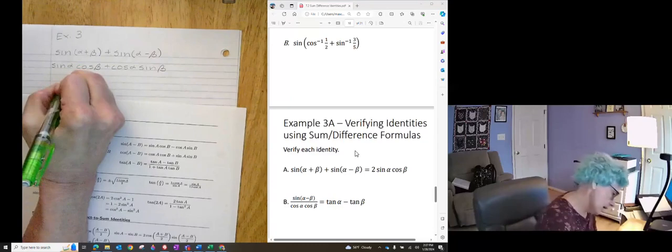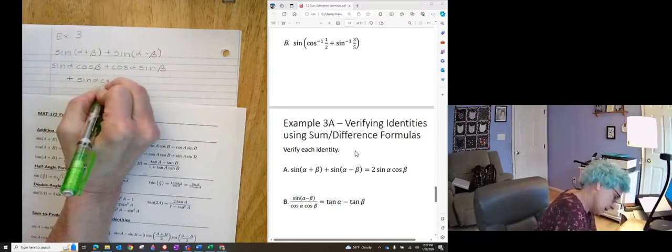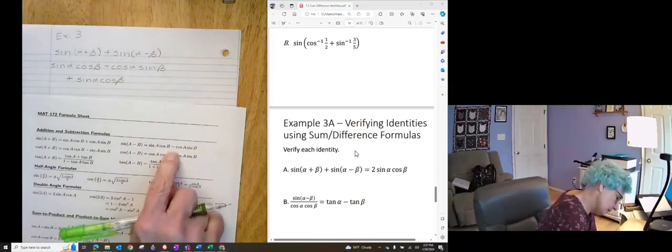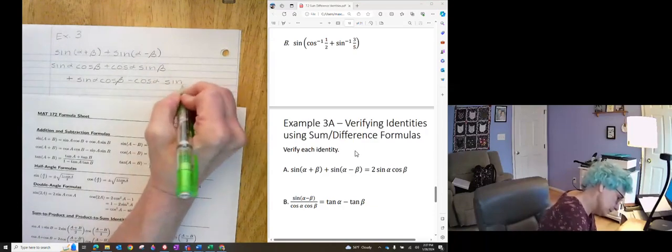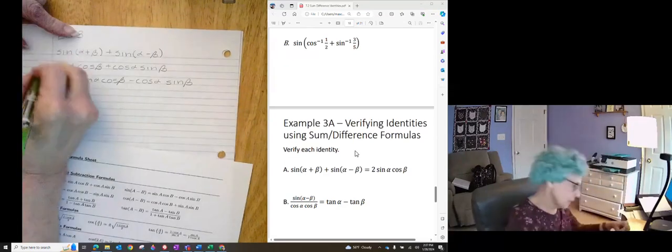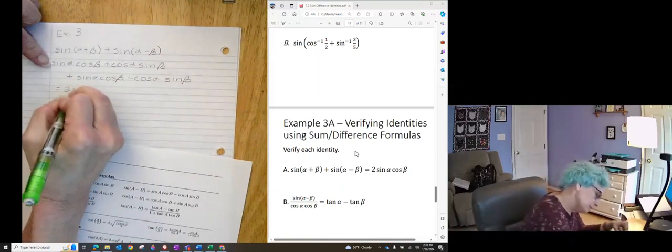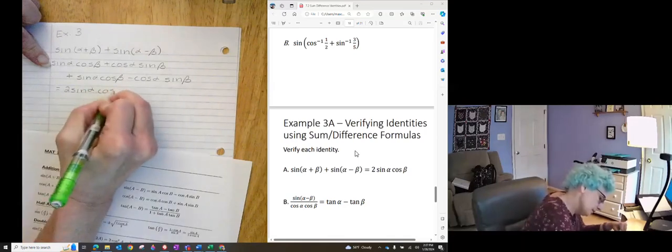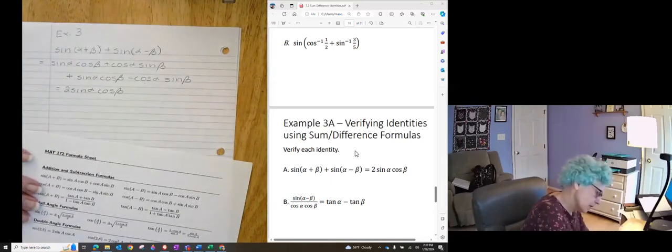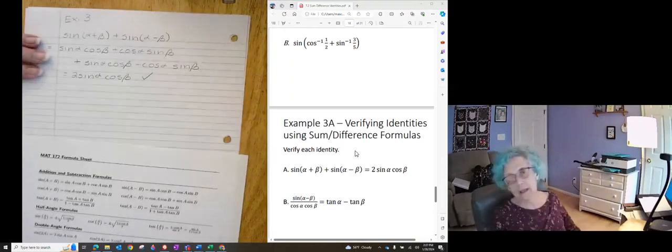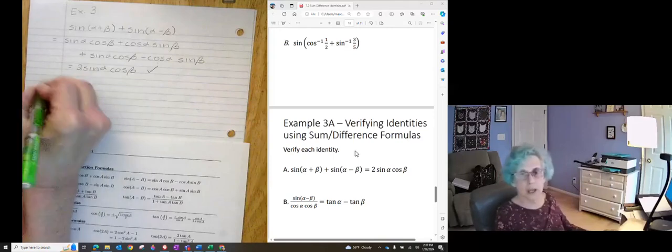And now alpha minus beta is going to be plus sine alpha cosine beta minus cosine alpha sine beta. So looks like I have two sine alpha cosine betas, and then I have a plus cosine alpha sine beta minus a cosine alpha sine beta, and look at that, it's exactly what I wanted it to be. I get to put the happy check mark next to it.